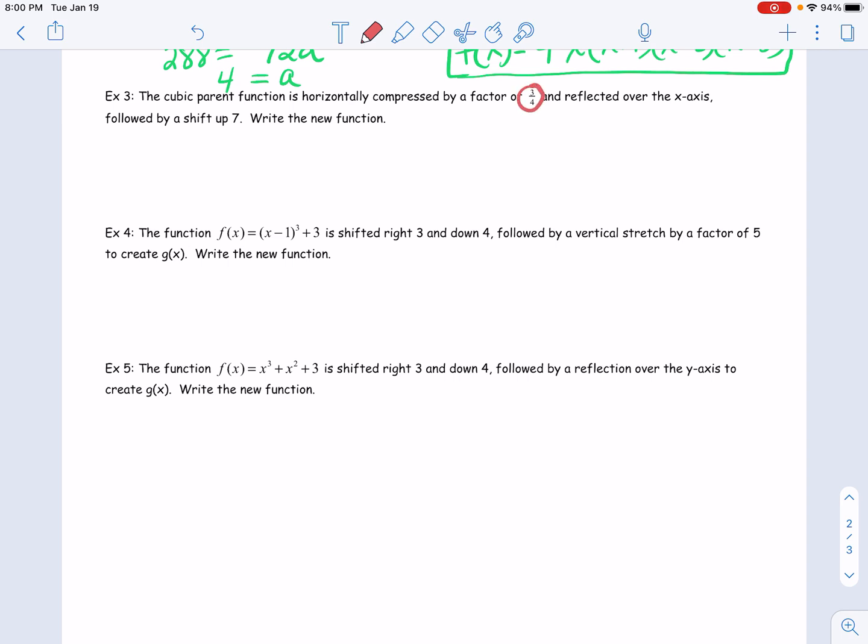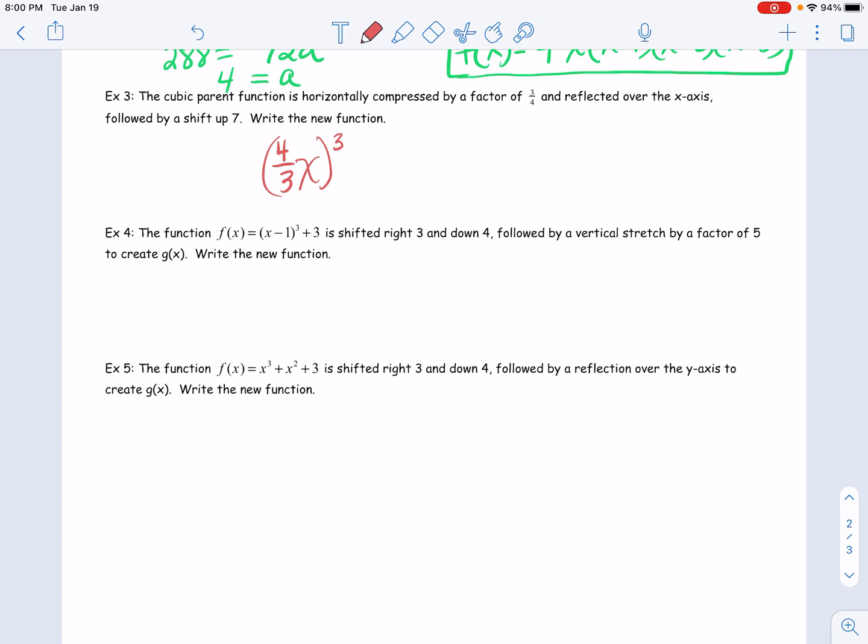This number is not bigger than 1. The reason being, remember, is we divide by the number we see, which means we're multiplying by the reciprocal. I'm multiplied by 3/4. That's the reciprocal. That means I need to see 4/3 inside the parentheses.